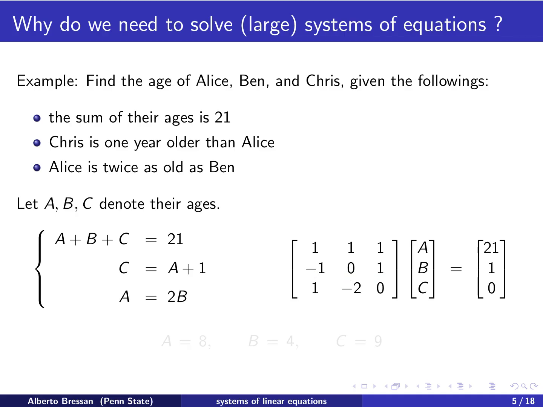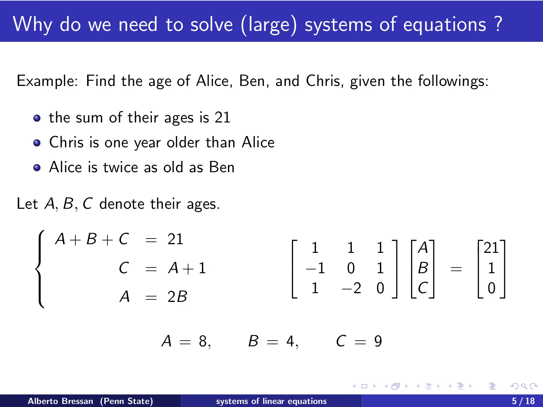And the third equation is A minus 2B is 0, so A minus 2B, 0C is 0. So we have this 3 by 3 matrix, and the unknown is the vector A, B, C. The right-hand side consists of the constants 21, 1, and 0, collected here.